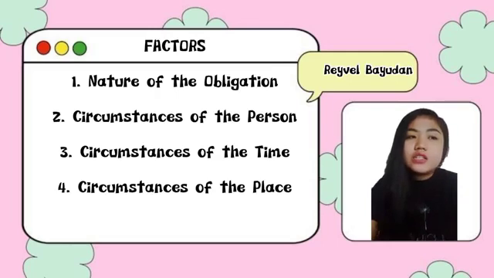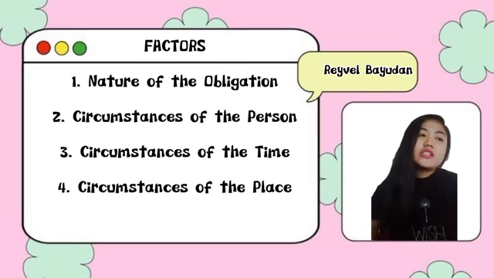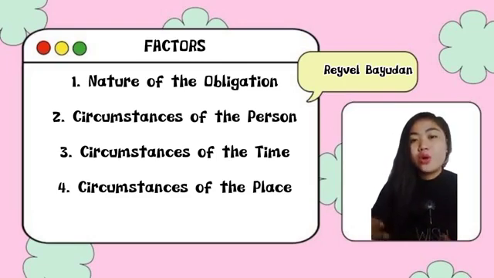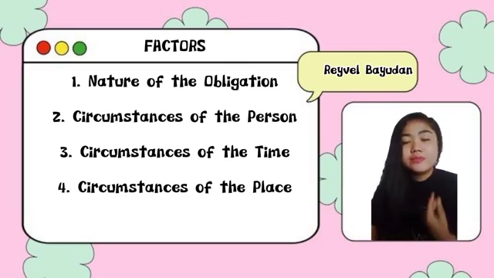In determining the issue of negligence, the following factors must be considered. So, you should consider the following factors. First factor is nature of the obligation. So, example of this is smoking while carrying materials known to be inflammable constitutes negligence. So, alam mo na nga na flammable yung hawak mo, and then nagsisigarilyo ka pa.